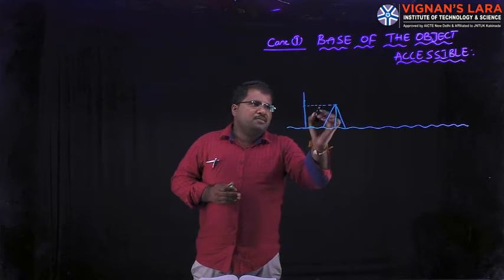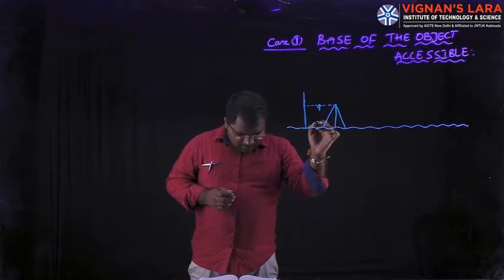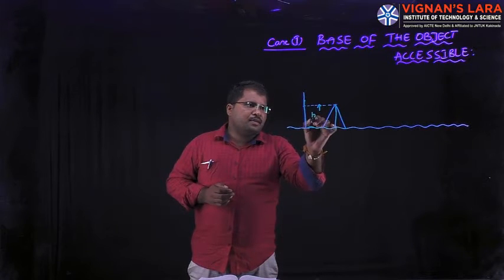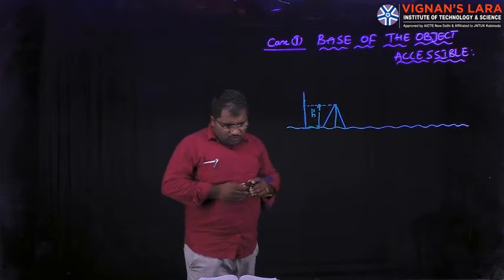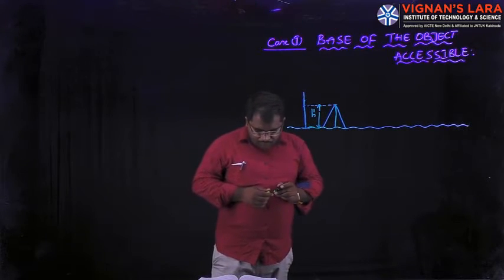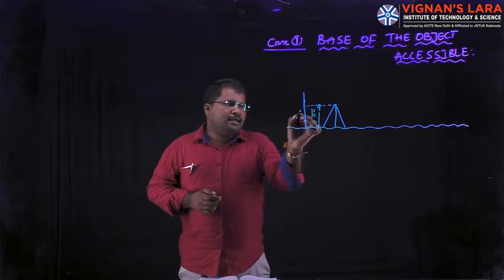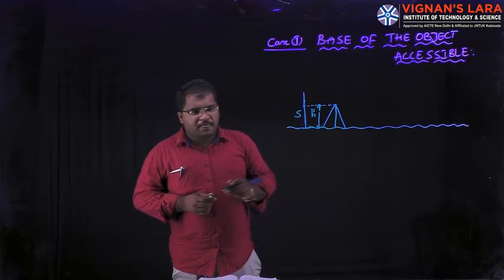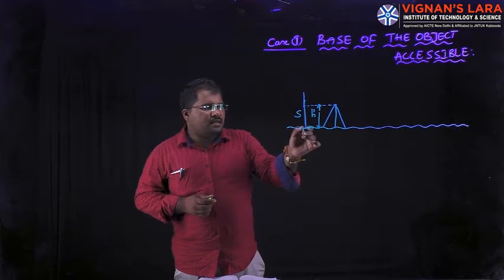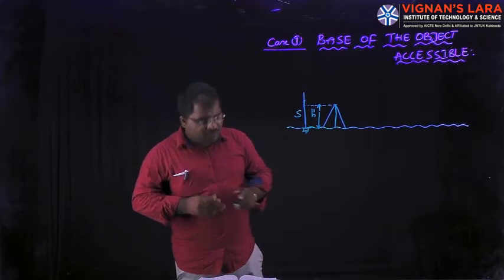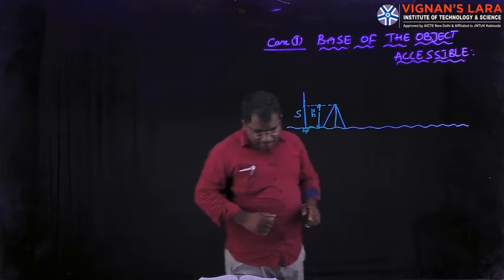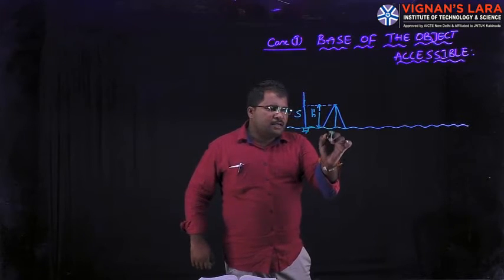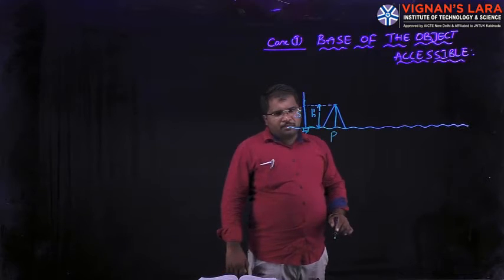That height of instrument is h dash, small h dash, right? Whatever reading I take over the benchmark, that is S. Finally I got a value of h dash. Now this instrument where I kept it, that is point P.